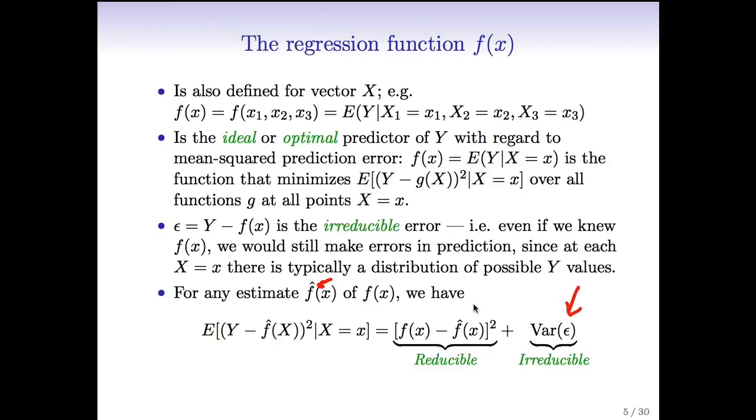And there's the reducible piece, which is the difference between our estimate, f hat of x, and the true function f of x. And that's a squared component. So this expected prediction error breaks up into these 2 pieces. That's important to bear in mind. If we want to improve our model, it's this first piece, the reducible piece, that we can improve by maybe changing the way we estimate f of x.